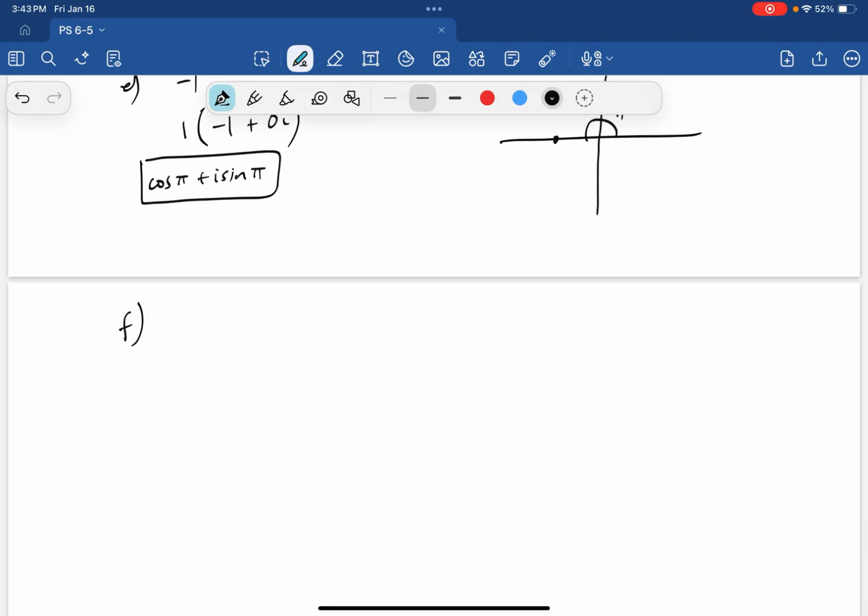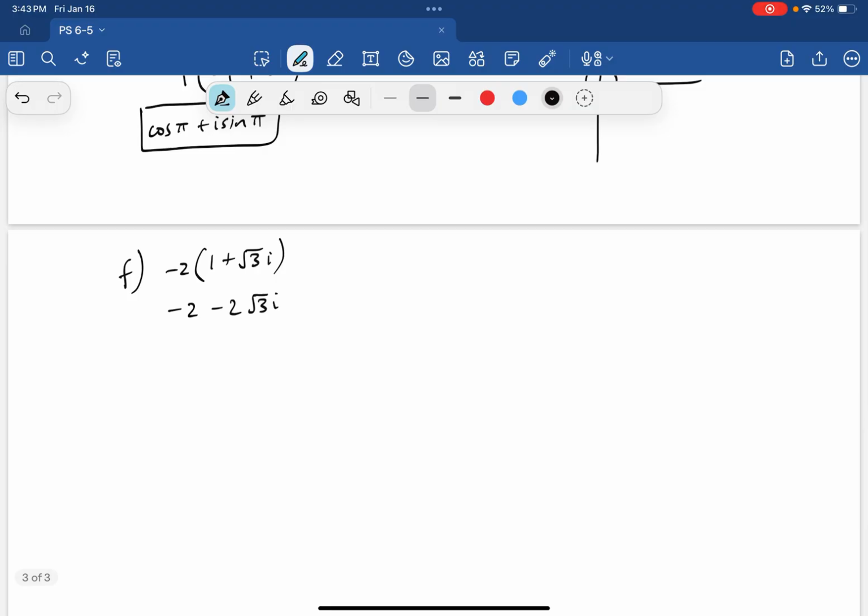F, we have negative 2 times 1 plus root 3i. So before we go on, we have to expand this into standard form. And then if we calculate the magnitude, we are going to get square root of 4 plus 12, which gives us 4. And so that means we can factor out 4, and we're going to be left with negative 1/2 minus root 3 over 2 i.